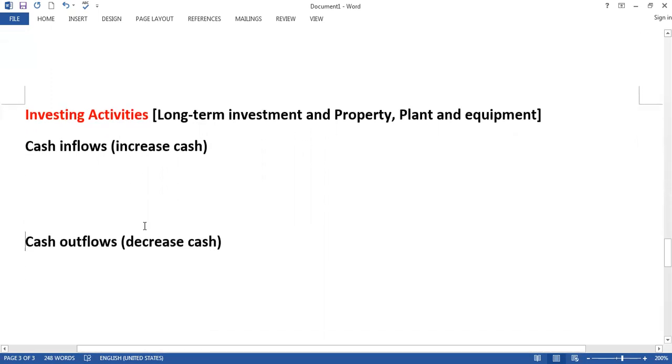Now we are going to see how our cash increase through investing activities and how our cash decrease through investing activities. First, let's see the cash outflows.